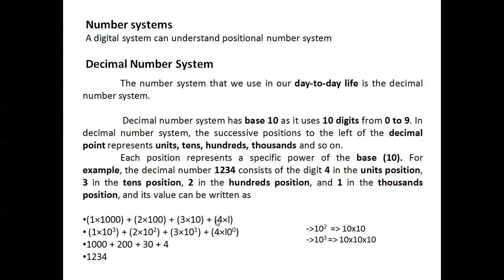Base 10 means the digits run from 0 to 9, so the total count is 10. That way the base is 10. Then the positions are represented as units, tens, hundreds, thousands, and so on. This is the way it is written in the decimal number system.